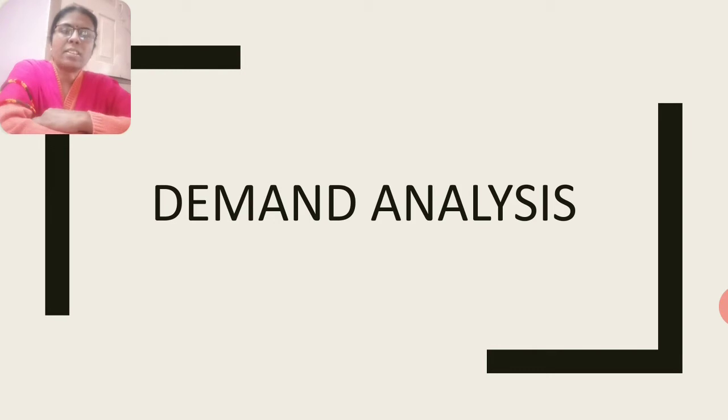Okay, and the next part of the chapter is the ordinal approach. Because of the drawbacks of the cardinal approach, the ordinal concept was introduced by J.R. Hicks and R.G.D. Allen. The very important topics are the characteristics of indifference curves and the marginal rate of substitution: how to calculate the marginal rate of substitution, why it goes on declining, and why the indifference curve is downward sloping.